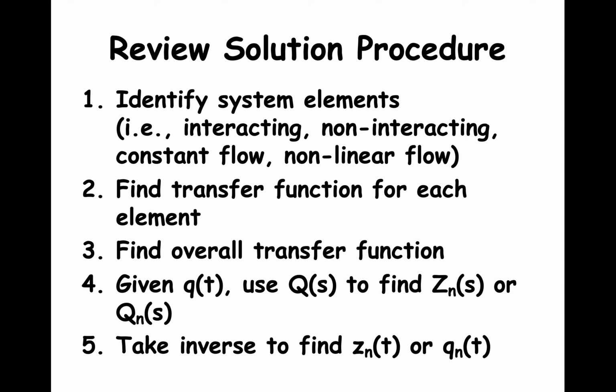You will need to be given either the time domain input function Q(t) or the Laplace domain input function Q(s). You will use the overall transfer function and the input function to find the Laplace domain expression for the desired liquid depth or outlet flow rate. Finally, you need to take the inverse of the Laplace domain expression to find the desired time domain expression.